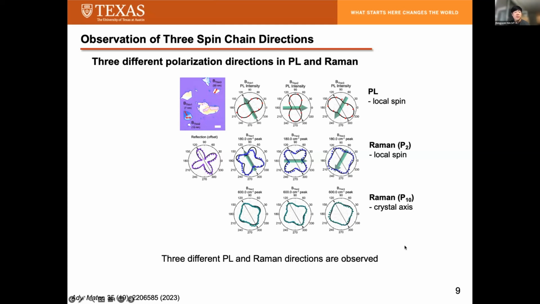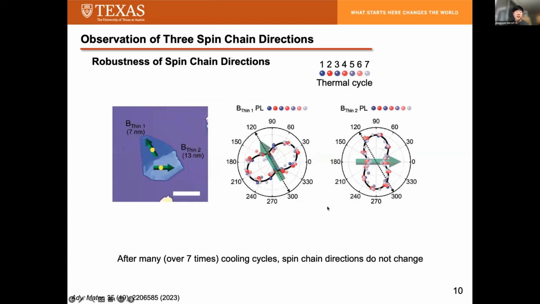Furthermore, we want to know more about the properties of their spin chain directions. So we did a thermal cycle measurement on this system. It means we heat the sample far above the Néel temperature and cool down, and we monitor the PL polar map. After many cooling cycles, we still observed that the spin chain direction did not change.